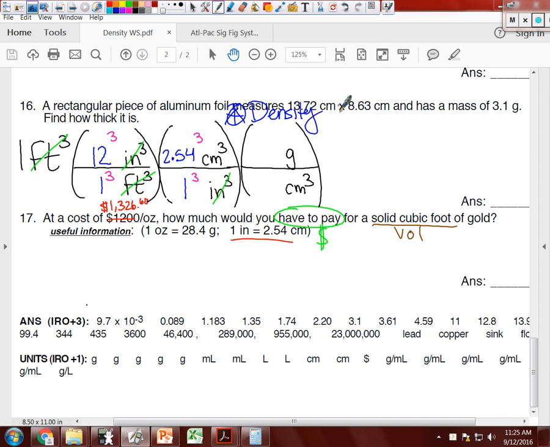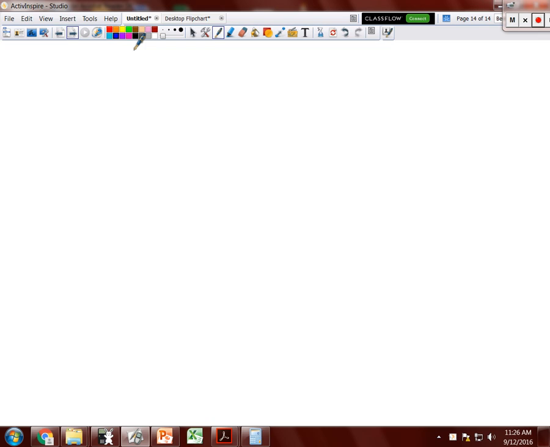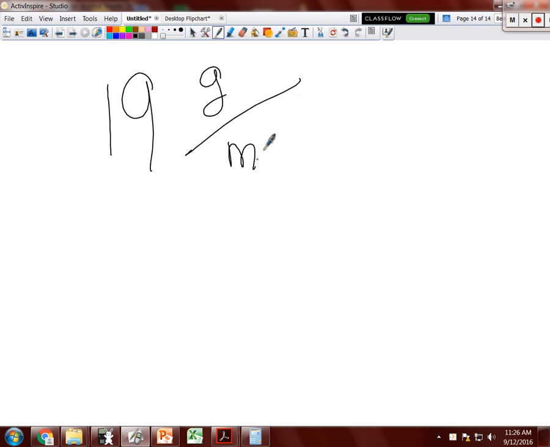Now, we just did this. Does every substance have its own specific density? What is this big, huge cube made out of? Gold. Now, you don't have to memorize the density of gold because if you flip your sheet over, is gold still there? Yes. Now, here's the part where students get confused. On that sheet, it is written like this: 19.3 grams per milliliter.